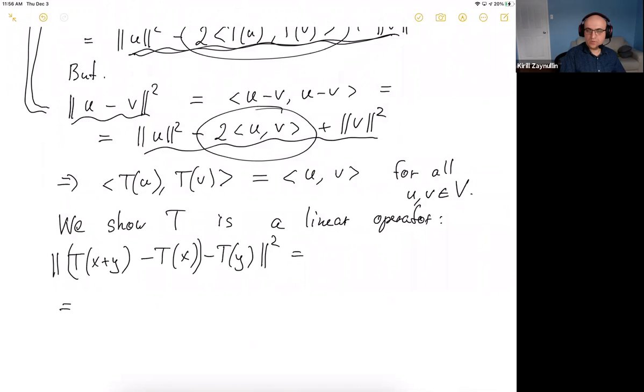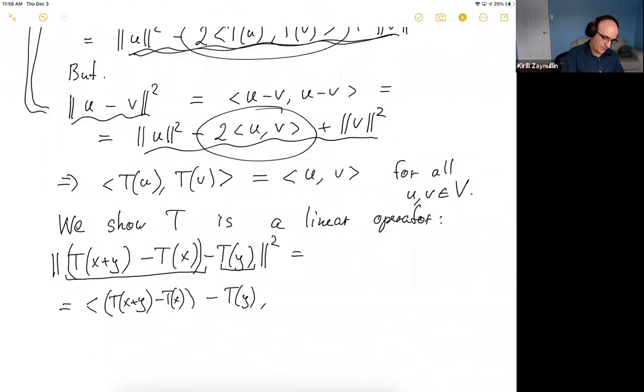I can think about this as one vector, and this is another vector, so I can write it as the inner product of t of x plus y minus t of x minus t of y with t of x plus y minus t of x minus t of y.